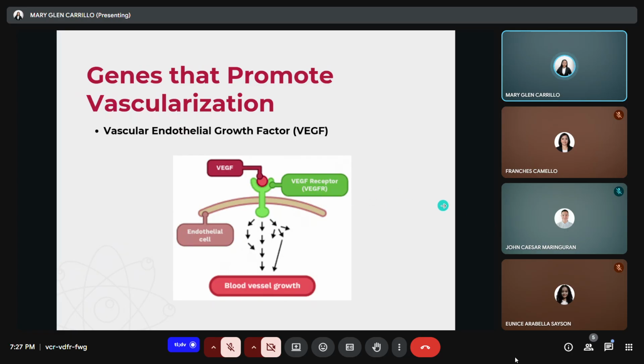When VEGF attaches to this receptor, it triggers a chain of signals inside the cell. These signals cause the endothelial cells to multiply, move toward the tumors, and build new tiny blood vessels called capillaries. In simple terms, VEGF acts like a construction manager. It tells the endothelial cells where to go, how to grow, and how to connect so that new blood vessels can form around the tumor.